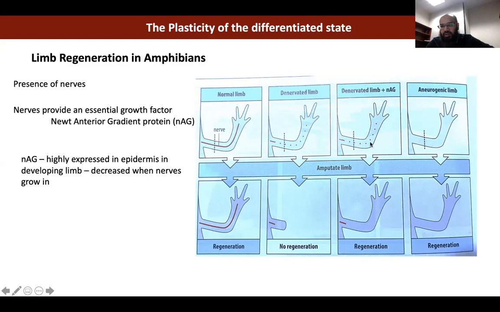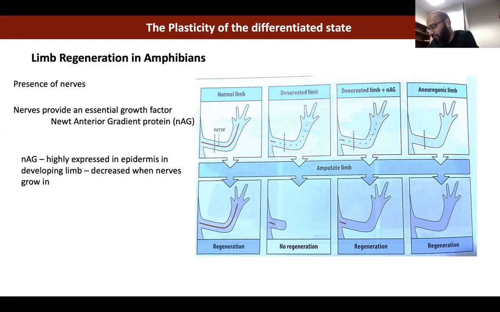So in the case where the nerves are normally present, the connective tissue cells that regenerate this limb are extremely dependent on this anterior gradient protein. But in the case of the limbs or the animal which did not have any nerves present, they were not dependent on the anterior gradient protein, because they were normally not used to having it present.